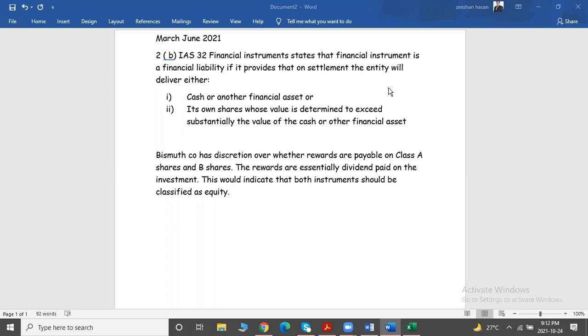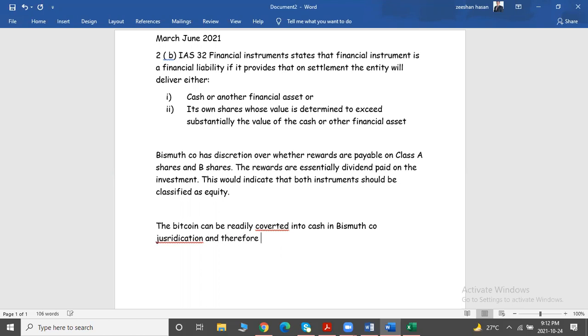So it would indicate that it should be classified as equity, but that's not enough. We will discuss further. The Bitcoin can be readily converted into cash in Bismuth Company's jurisdiction.